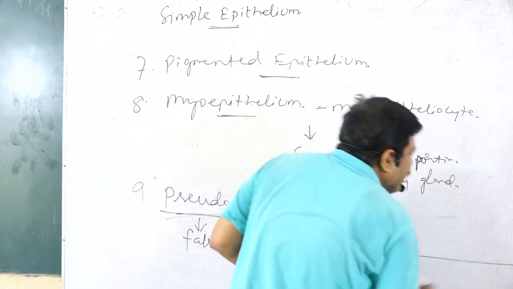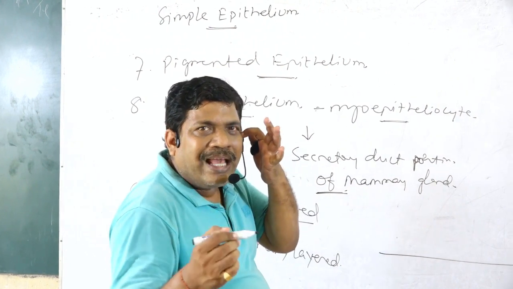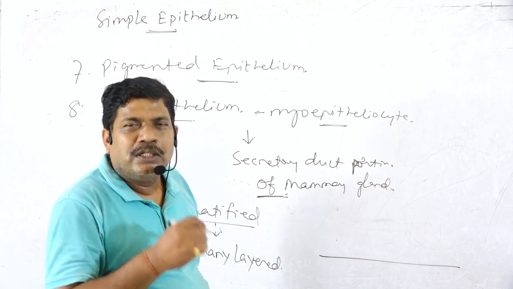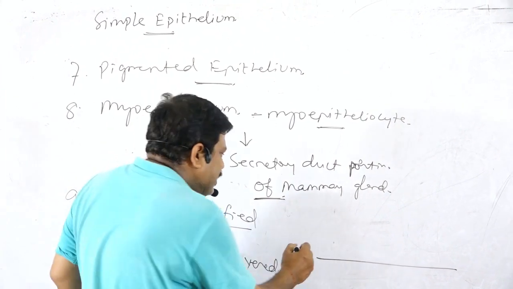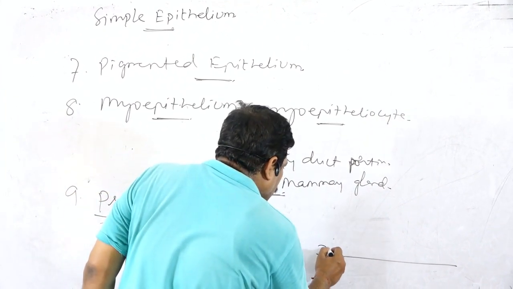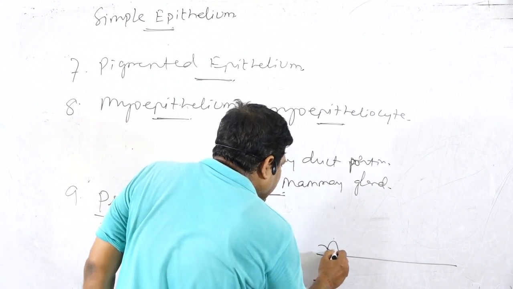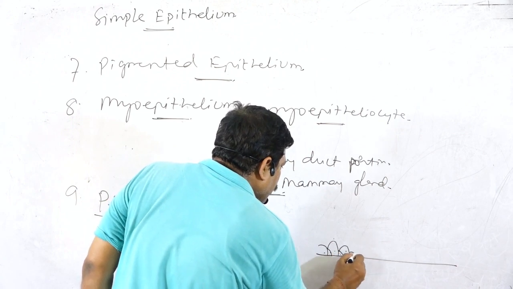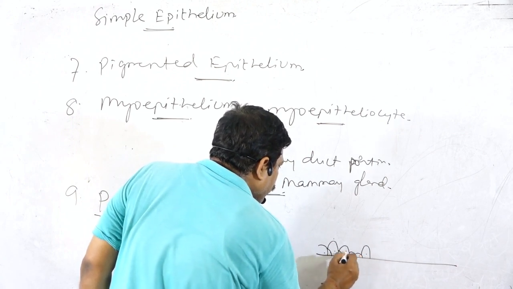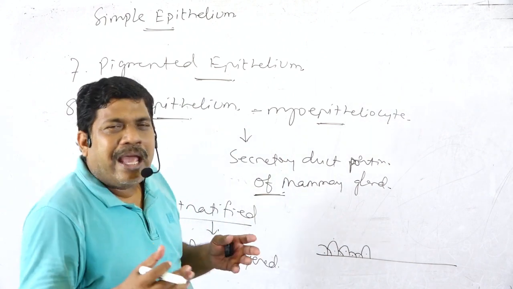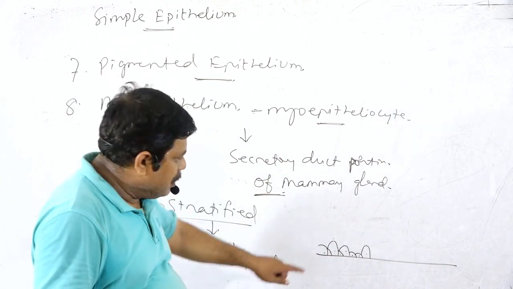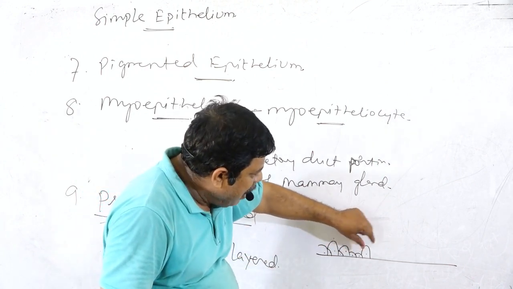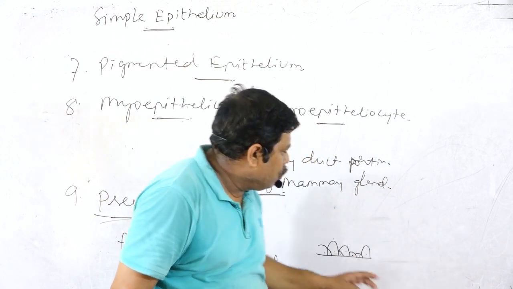The cells in the tissue are truly arranged in a single layer, but due to their dissimilar shape, they appear to be arranged in two layers.